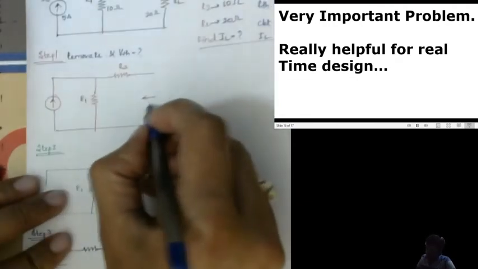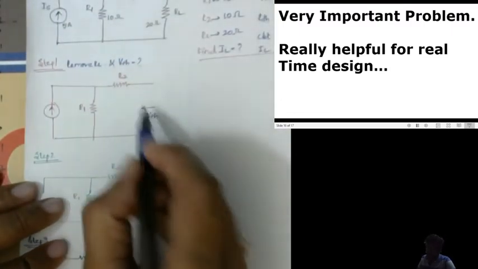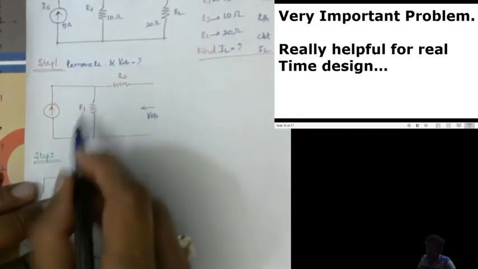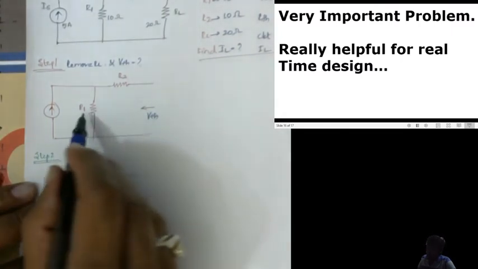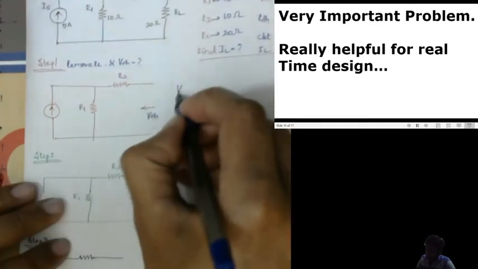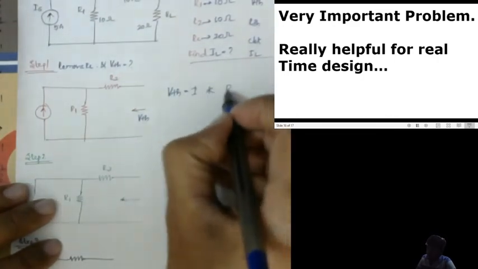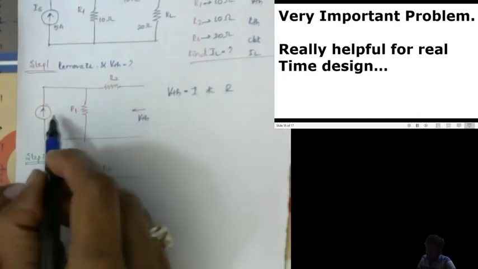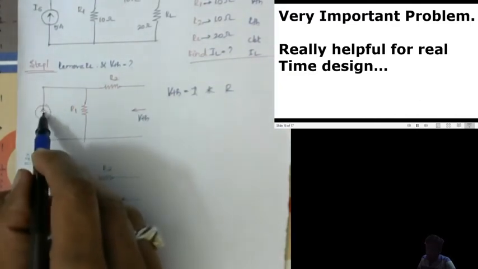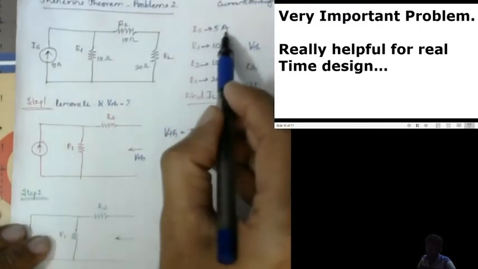See, this is VTH. What is the VTH value in this circuit diagram? The VTH value in this circuit diagram is the voltage across R1. Therefore, VTH is equal to I into R. There is a given independent current source, the value of which is 5 amp.